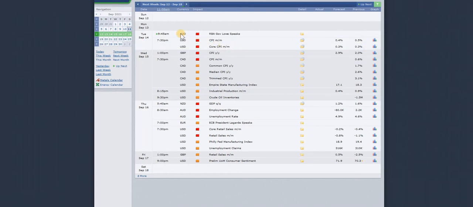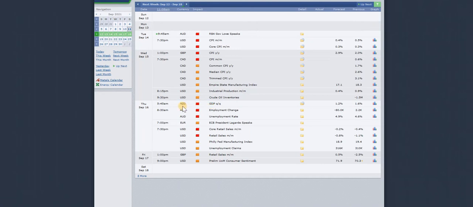Anywho, let's have a look. Nothing on Monday. Tuesday, high impact events: a talking head, just the Reserve Bank of Australia's governor speaking. Then we have CPI numbers out of the US on Tuesday, and also CPI out of the UK on Wednesday, and Canada on Wednesday too. So a lot of CPI figures.